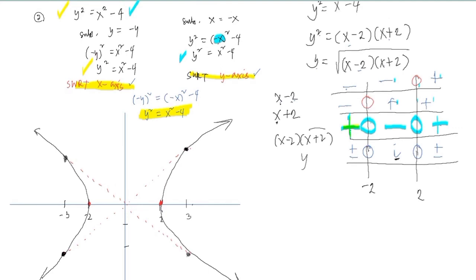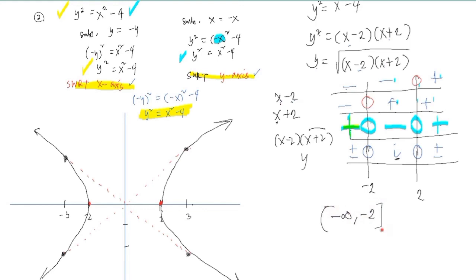Ngayon, pag-uusapan naman natin yung scope. Pag sinabing scope, ito yung saan lang merong laman yung function natin. Parang to. So, ito na rin yung gagamitin ko sa scope. As you can see here, from the negative infinity up to negative 2, gagamitan ko to ng braces, no?